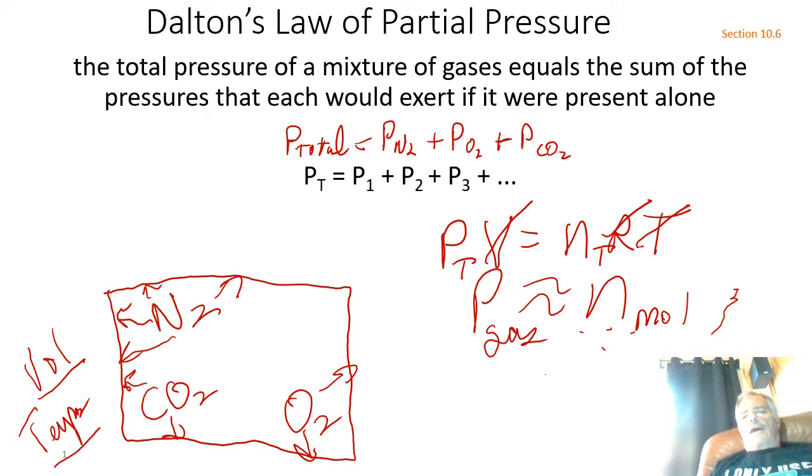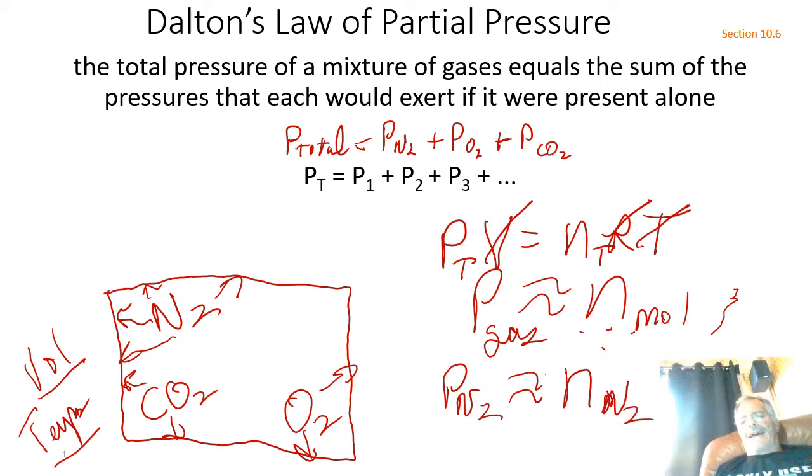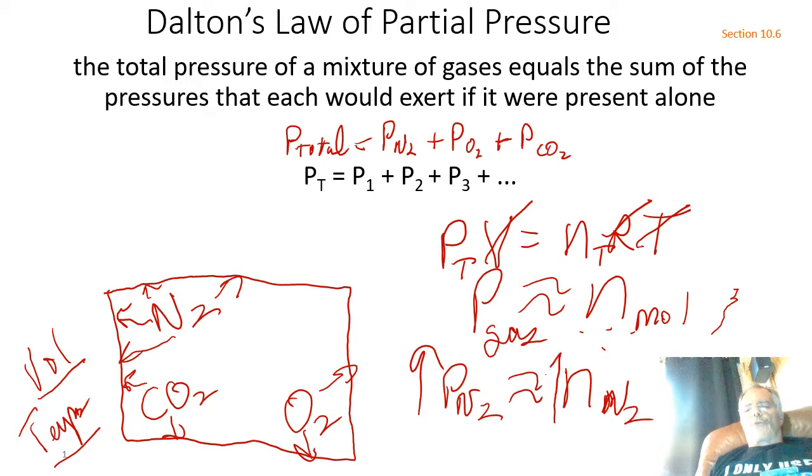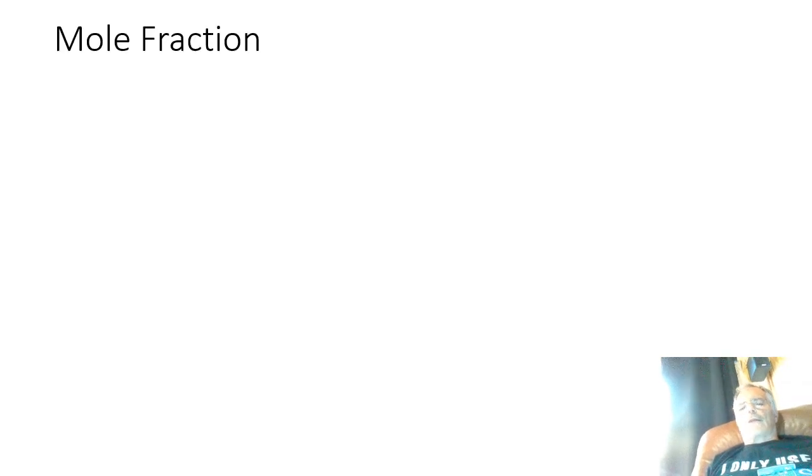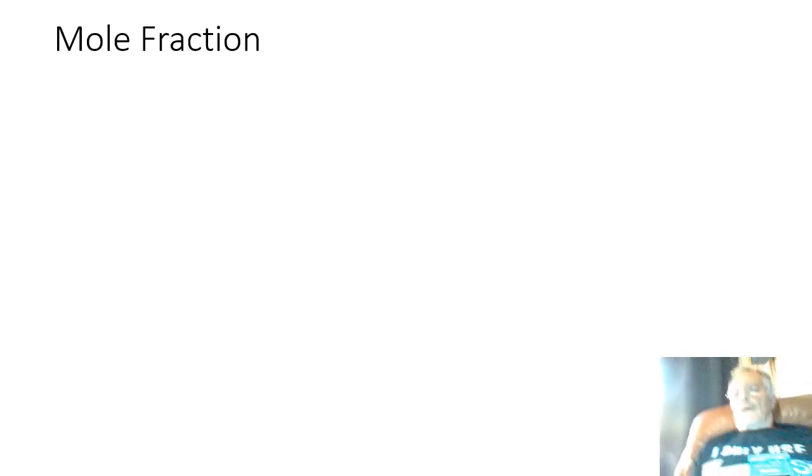We can relate that to, say, the partial pressure of nitrogen being directly proportional to the number of moles of nitrogen in that container. Put more moles of nitrogen into the container, and you're going to have a higher partial pressure, because these are directly related to each other. So let's demonstrate that with a nice little problem.